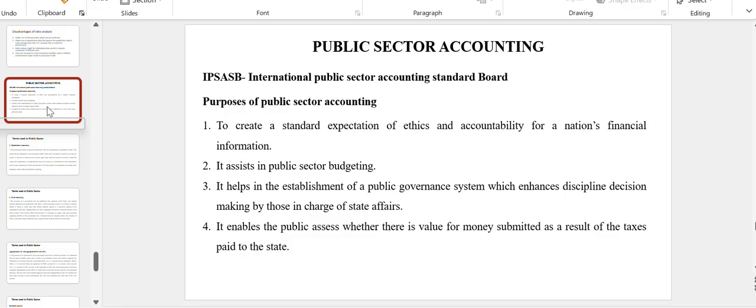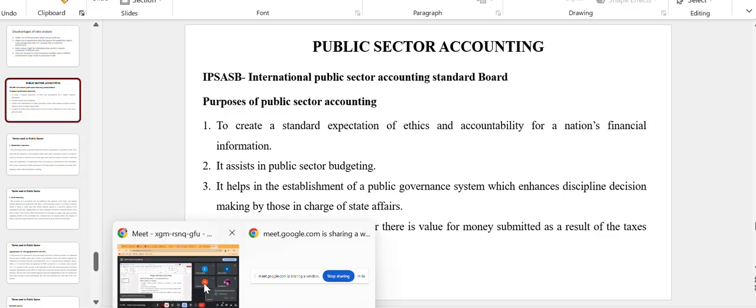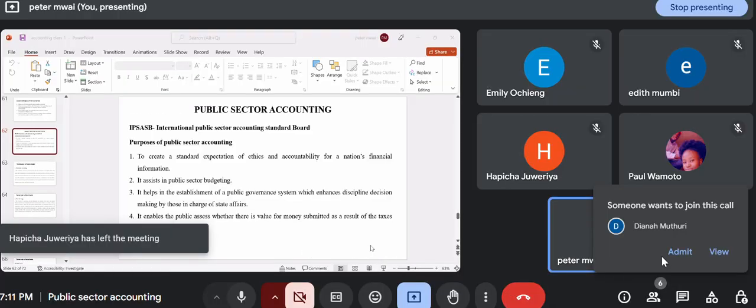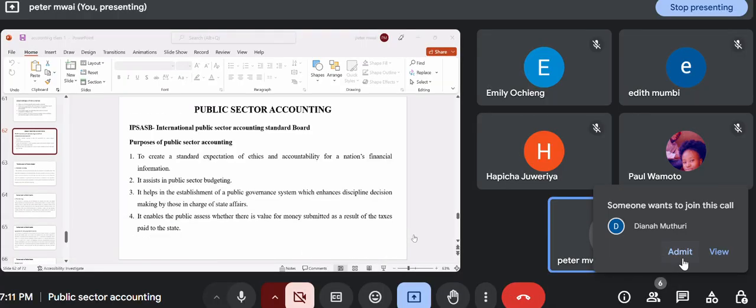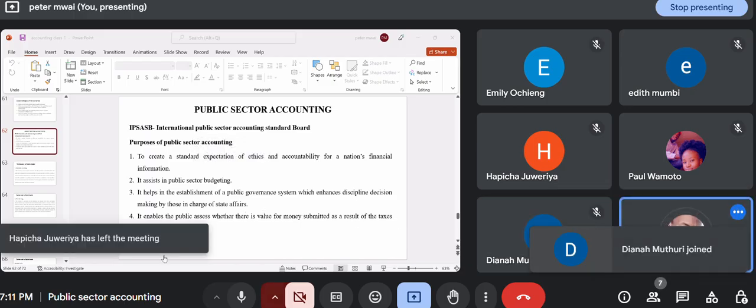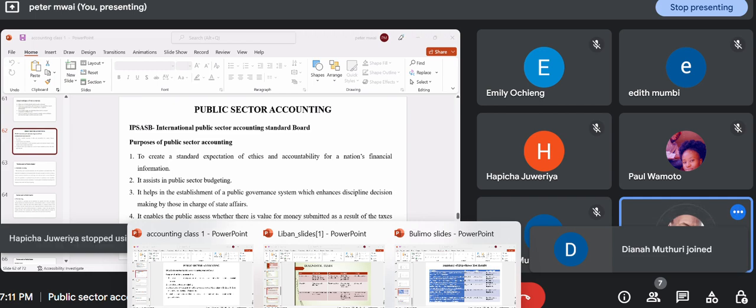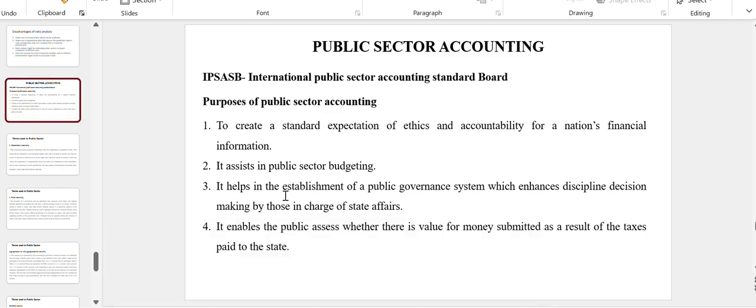Every fiscal year, any entity that benefits from the public fund is normally audited by the Office of the Auditor General. The Office of the Auditor General is responsible for auditing all these entities that benefit from the public fund.